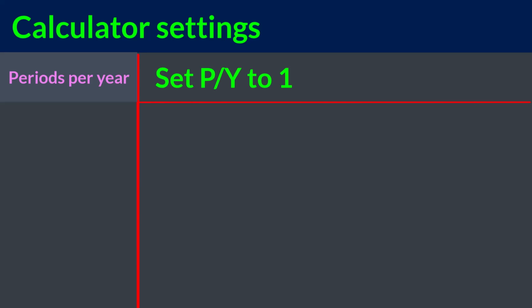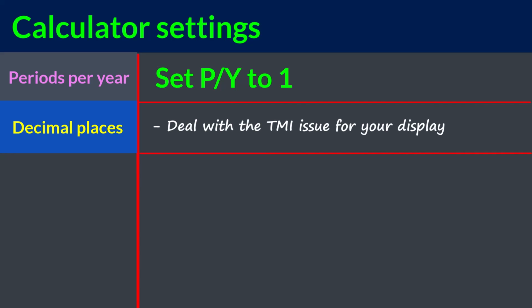Next, the number of decimal places in your display. You need to set your calculator to display 4 decimal places. This avoids the clutter of insignificant digits in the display while still providing enough information for most situations in finance.